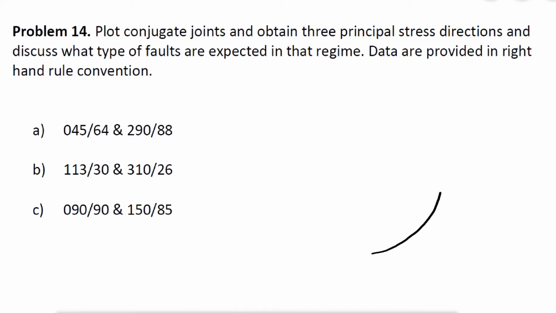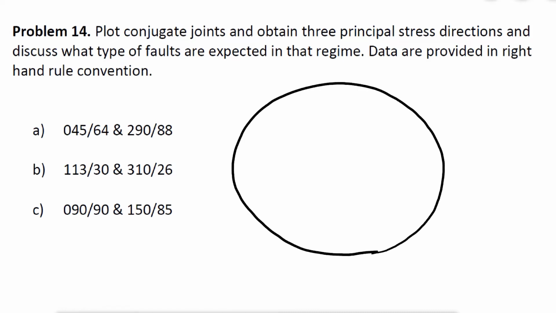Then we can move on to the Stereonet and investigate in detail. First of all, let's say we have two fractures. You need to plot them. I'm just plotting roughly, and they might look something like that.